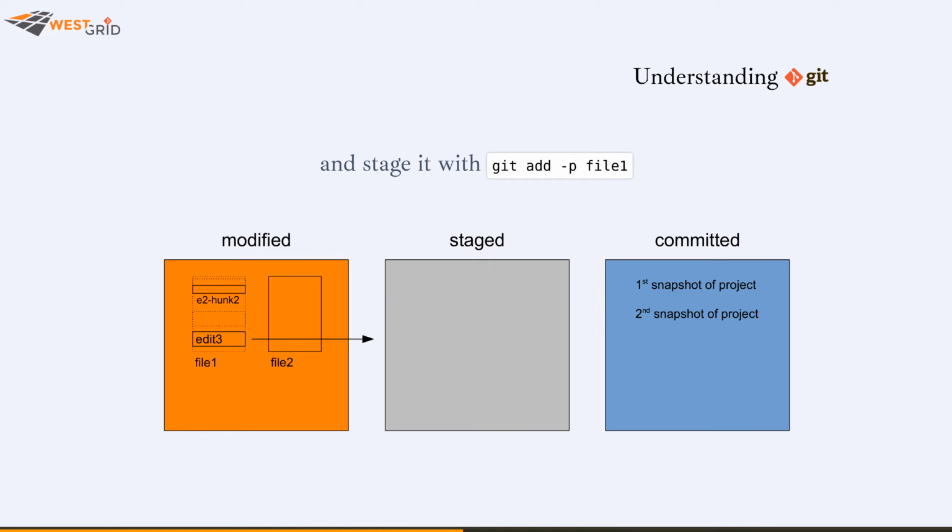Okay. So we can stage that third edit. So we still have file 1 showing in the modified files because we haven't staged everything, and it is showing in the staged files because we have staged that third edit.